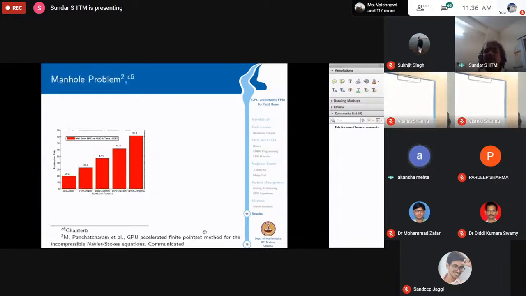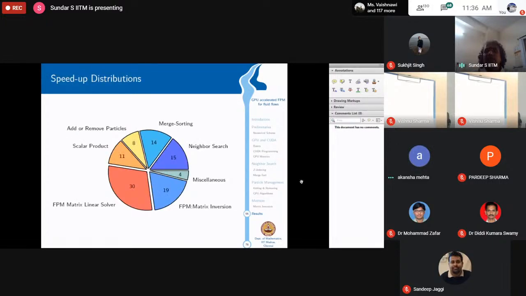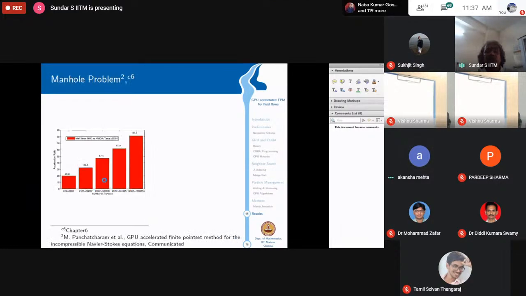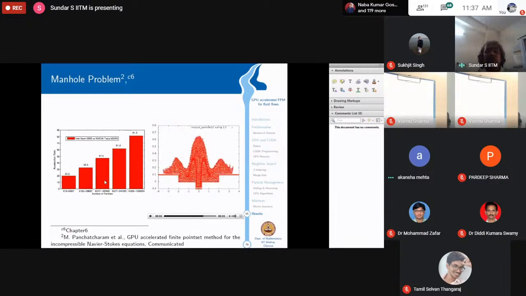In this problem, I have a matrix linear solver, matrix inversion, neighbor search by sorting, removing particles, and scalar product. For every part, how much speed up you are getting, and then put together how much total speed up you are getting. The speed up is judged through your acceleration ratio.